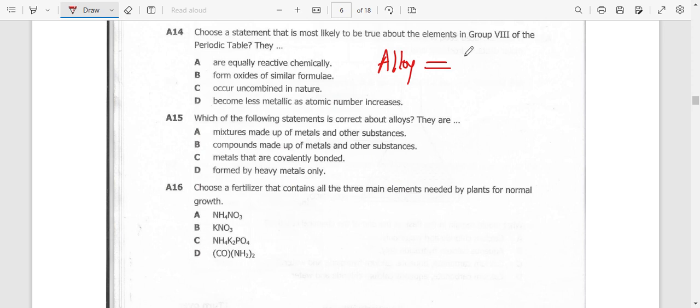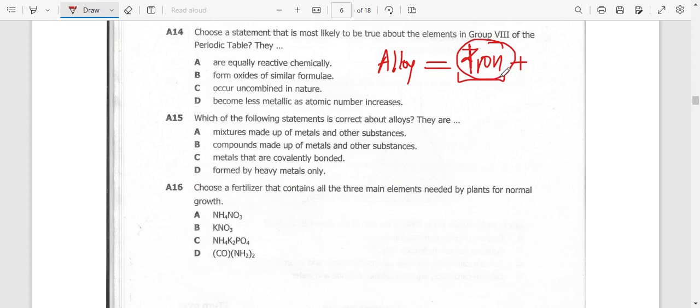For example, you mix iron with, let's say, some other element. You mix one metal with another. The aim is to make those metals much stronger. For example, iron alone, you know that iron rusts.